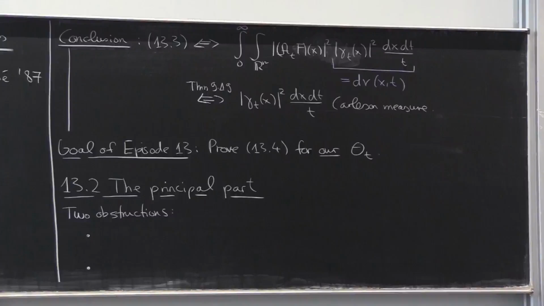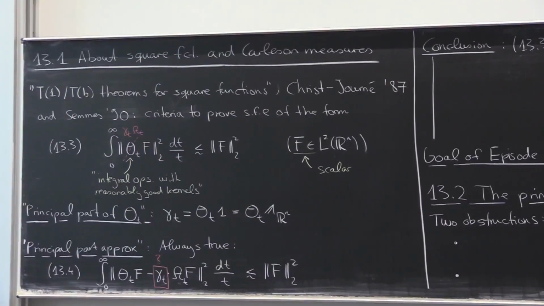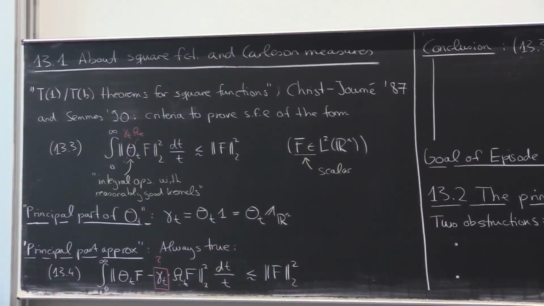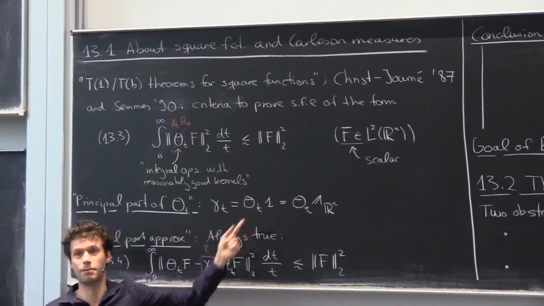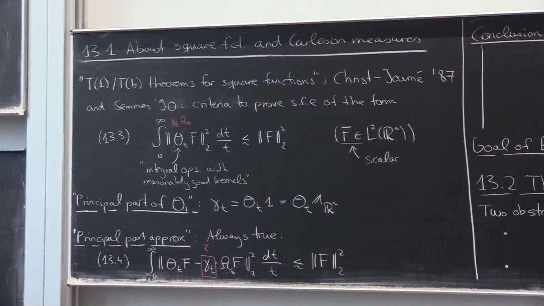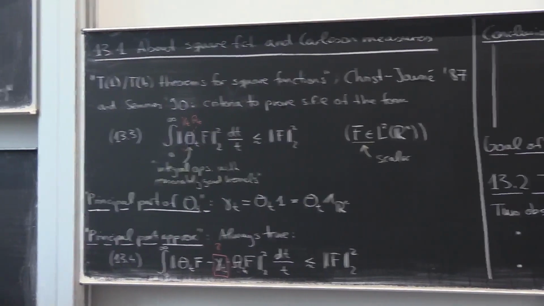So gamma of t was theta of t applied to the one function. Now, which function should I take? Should I take the one function? Should I write 1 in every component of my function? Because theta t is acting on vector-valued functions. What your long-term knowledge about linear algebra should tell you is that if there's a 1 here, this is probably referring to the basis of the underlying vector space, C, and it should not be generalized by putting just a bunch of 1s into one vector.